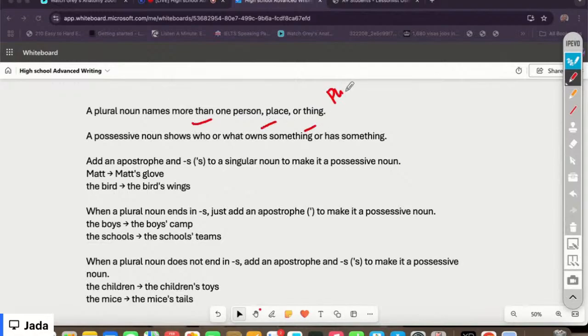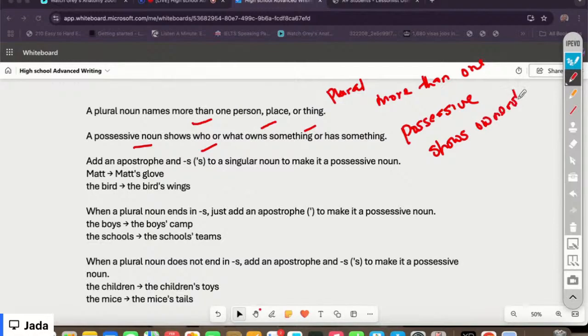So we already know that when we talk about plural, we're referring to more than one. A possessive noun shows who or what owns something or has something. So the possessive noun shows ownership. Okay, so it shows who owns something or who has something.